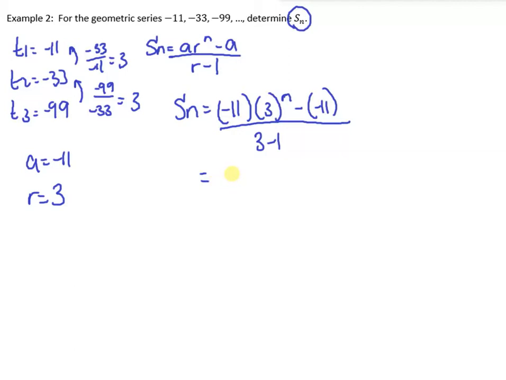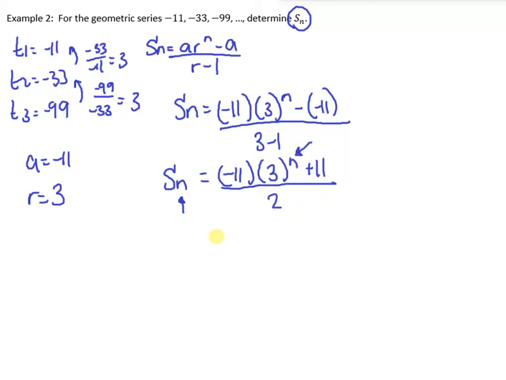Let's simplify that a little bit more: negative 11 times 3 to the n, and we can add 11, all divided by 3 minus 1, which is 2. So this is going to be the general form of the sum of the first n terms. If you wanted to figure out the sum of the first 8 terms, you just sub in an 8, and so on, because now we have S in terms of just one variable, which is n.